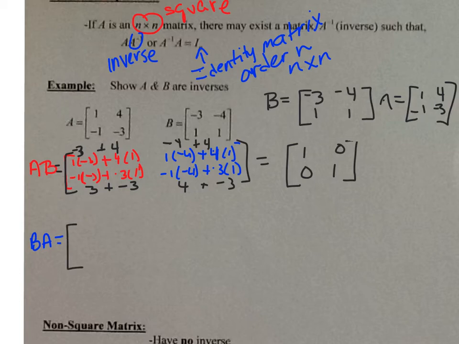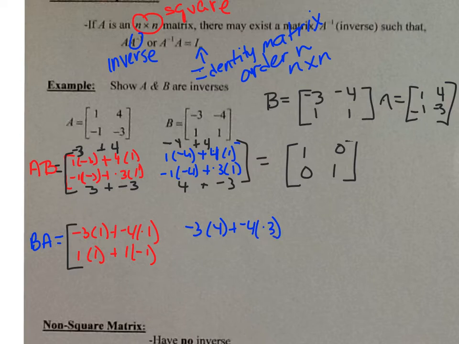Okay, so it's going to be -3 times 1 plus -4 times -1, and 1 times 1 plus 1 times -1. And then we're going to have -3 times 4 plus -4 times -3, and 1 times 4 plus 1 times -3.